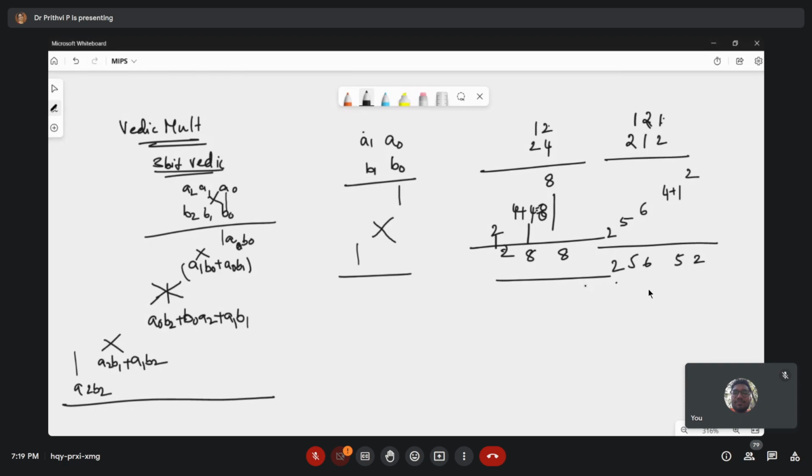Yes, ma'am. So for this, what is the hardware needed? It is simple AND gate logic, and a full adder will be there, and a 2-bit adder will be there. A 2-bit adder is different and a full adder is different for us. In a 2-bit adder only the incoming bits will be added, we won't say that carry will be added.